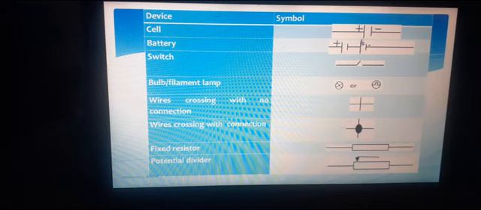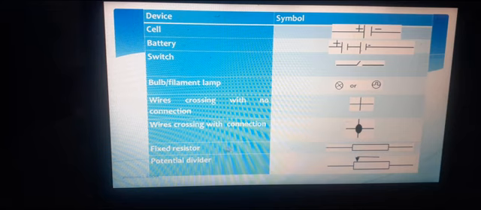Battery is represented by this one. Switch is represented by this one. A bulb or filament lamp is represented by either the first one or the second one. Wire crossing with no connection is represented by this one. Wire crossing with connection is represented by this one.